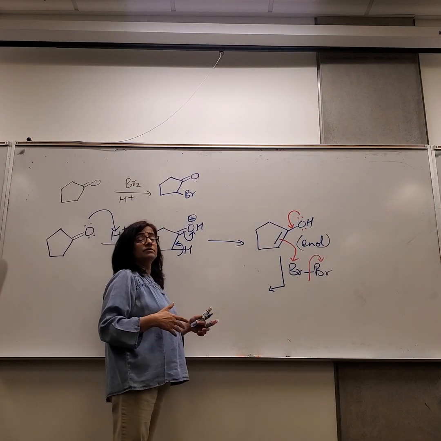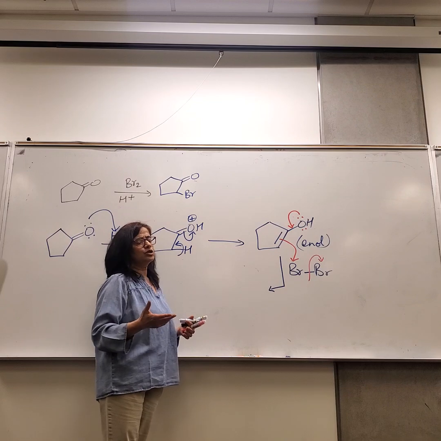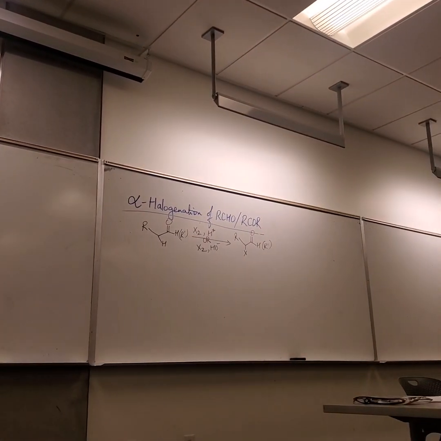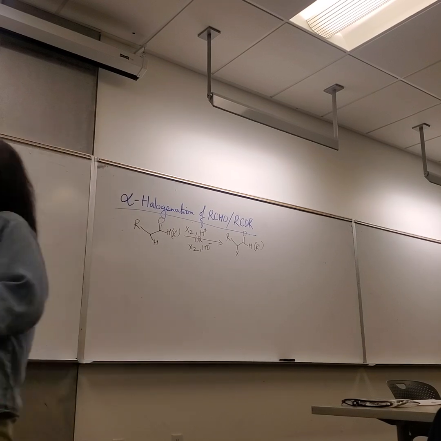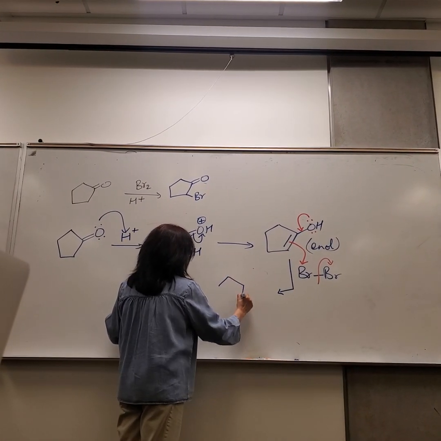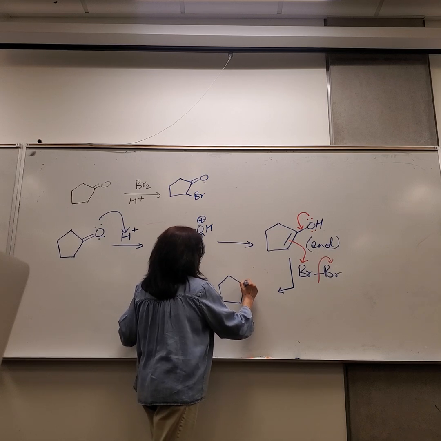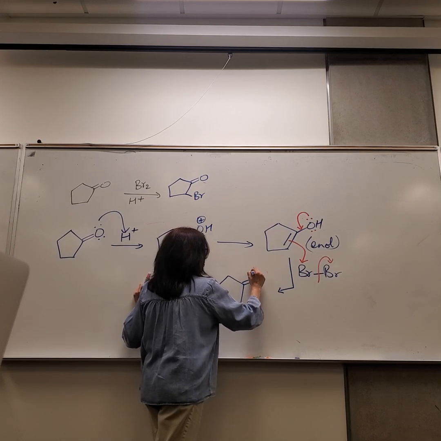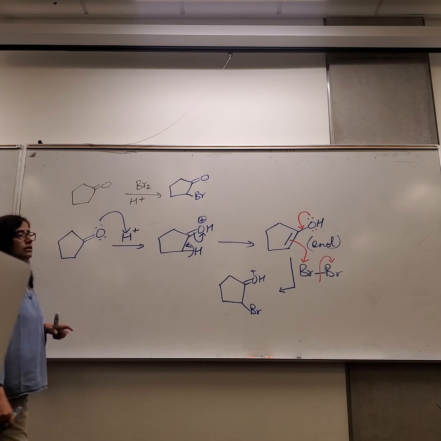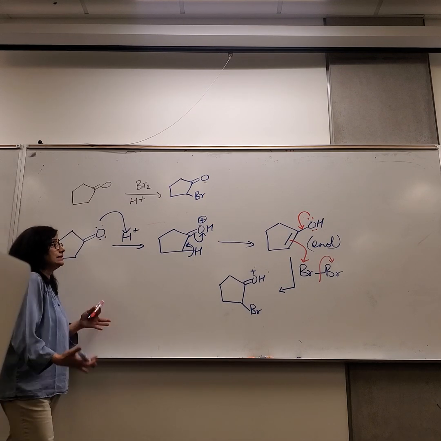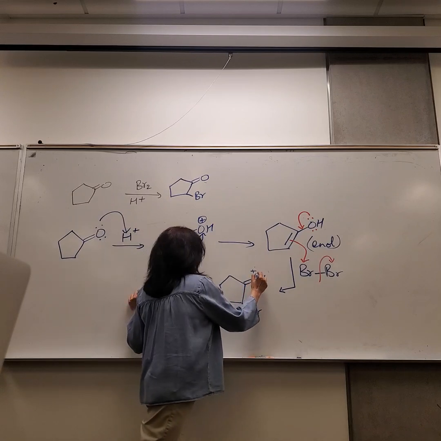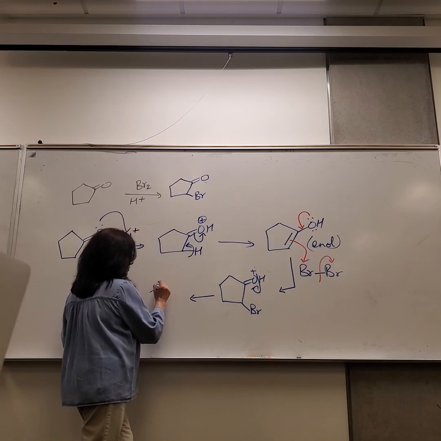Alpha carbon becomes the nucleophile and reacts with the electrophile. So what will that create? Agreed? Now what do you think needs to happen next? Oxygen gets rid of its proton, and creates the product.